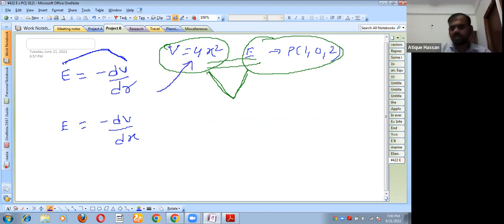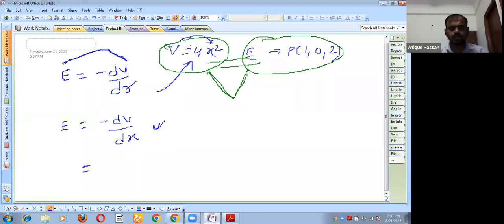If it is given in y, we can write dV by dy. If V is given as a function of r, you write dV by dr. Here it is given as a function of x square, so we write dV by dx. Got my point?